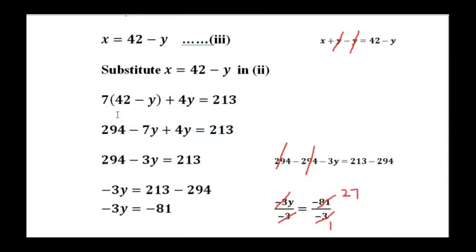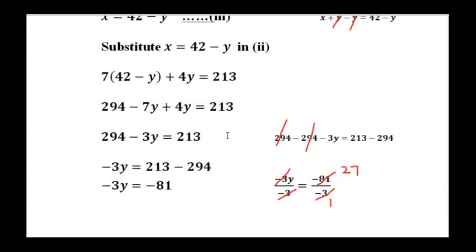The next step is to simplify this pair of parentheses. Positive 7 times positive 42 is positive 294. Positive 7 times negative y is negative 7y, plus 4y equals 213.